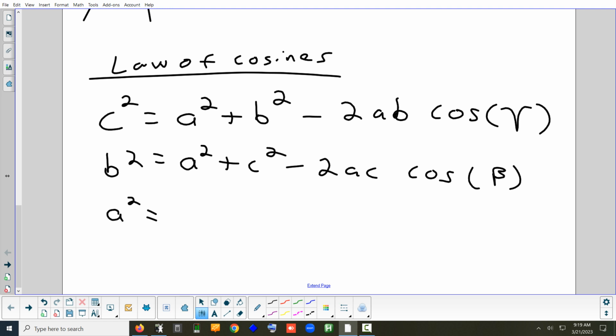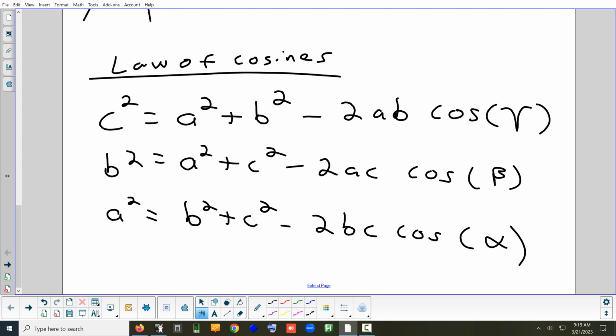You're just writing it with different letters, which is kind of pointless to rewrite the same formula 3 times, but just to practice, how about if you started with a squared? A squared equals b squared plus c squared minus 2bc cosine alpha. So that's the pattern for the law of cosines.